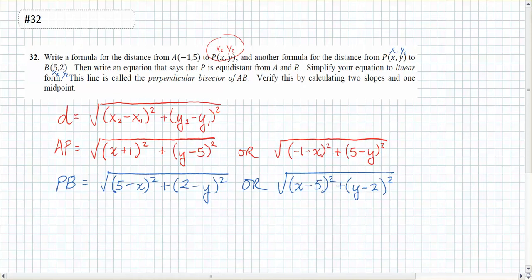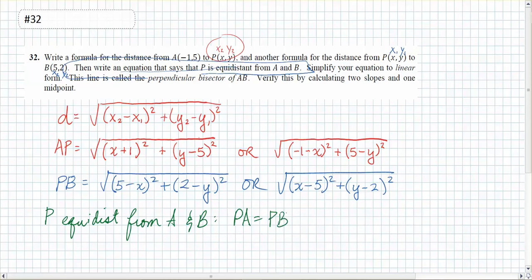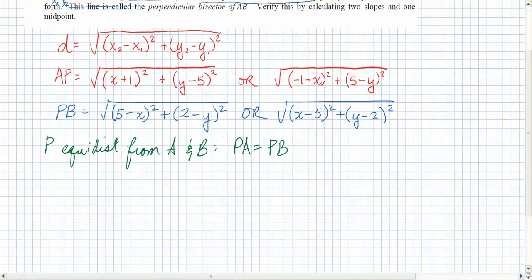Okay, the next part is now write an equation that says P is equidistant from A and B. So if P is equidistant from A and B, then that means PA is equal to PB. And PA is the same as AP. So I could take one of these red terms and make it equal one of these blue terms. It doesn't really matter which one we pick, but this first one looks a little bit better to me.